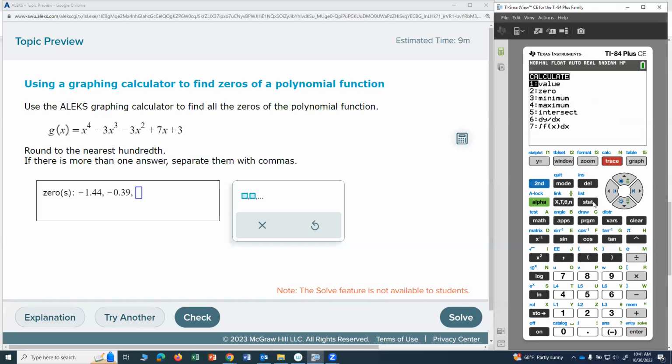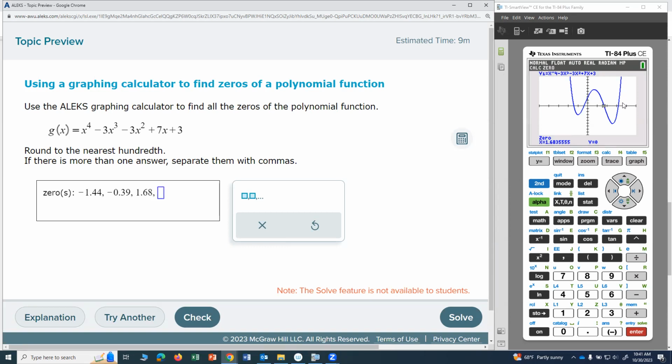Back to second trace, select number 2, 0. I'm going to focus on the next x-intercept. Left bound, right bound, yes. And the next one is 1.68.